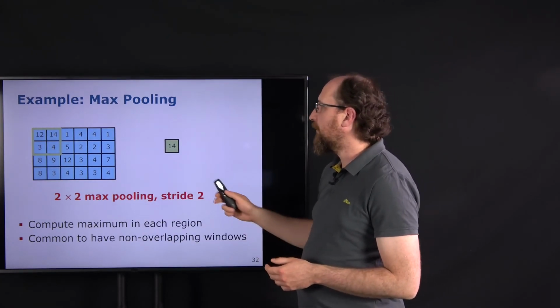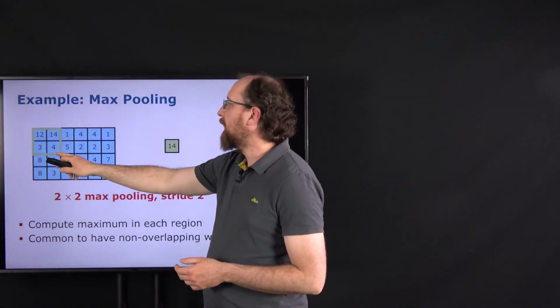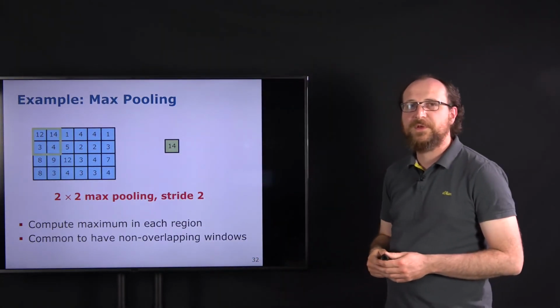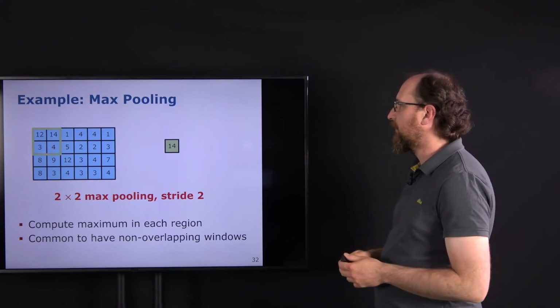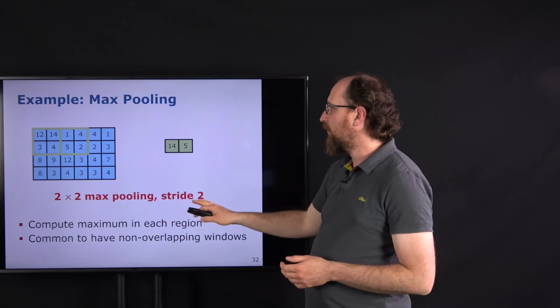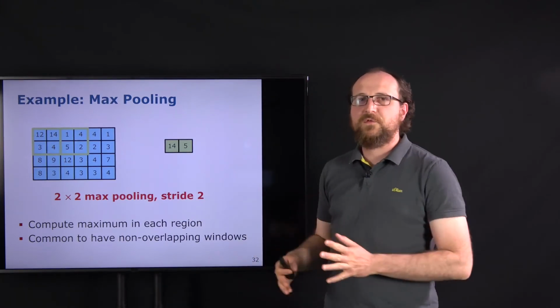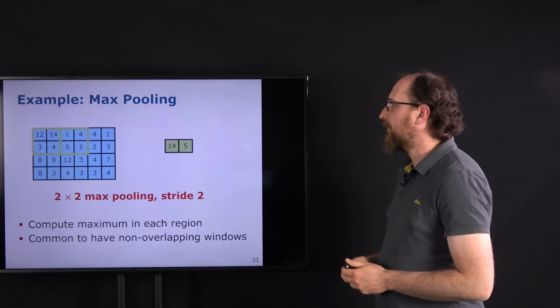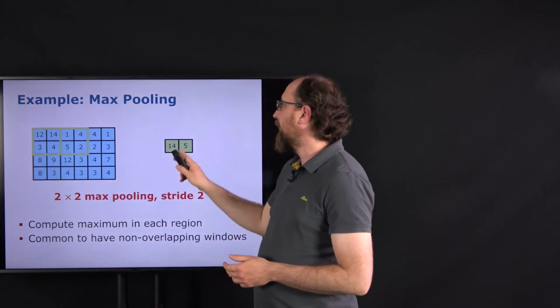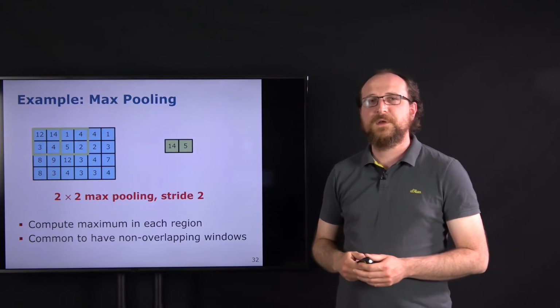That means in this example here, the maximum is 14, so the thing that we're putting out in the feature map in the end is 14 here. And because we have stride 2, we are just moving it 2 pixels further and then apply the same here, so that the maximum is 5, and we are getting out the 5 here.